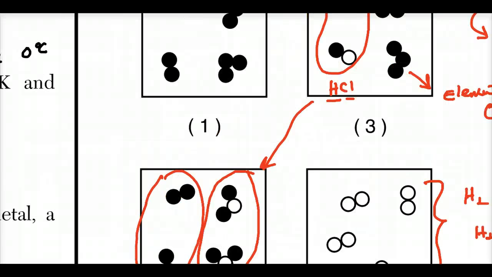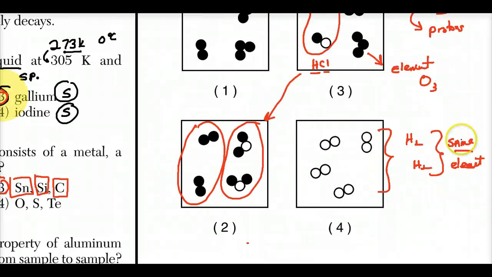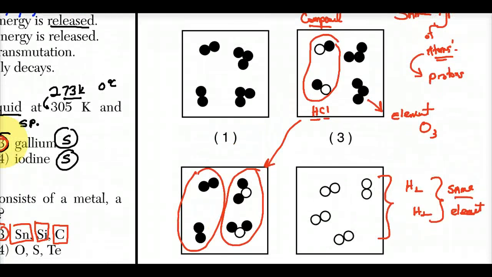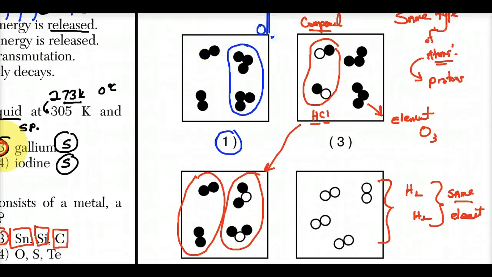So 3 and 4 represent mixtures of elements and compounds. And this is your answer, number 1, because you have two molecular forms. This could be ozone, O3, and this could be oxygen, O2.